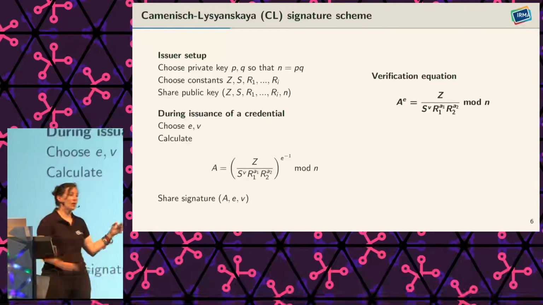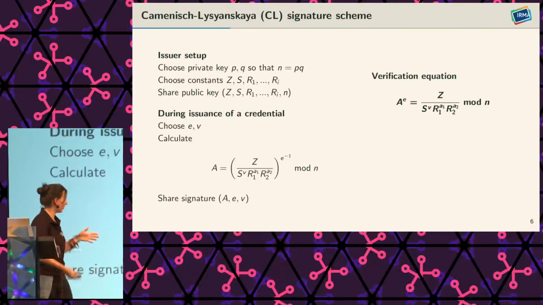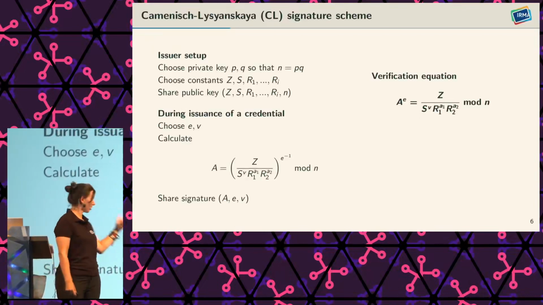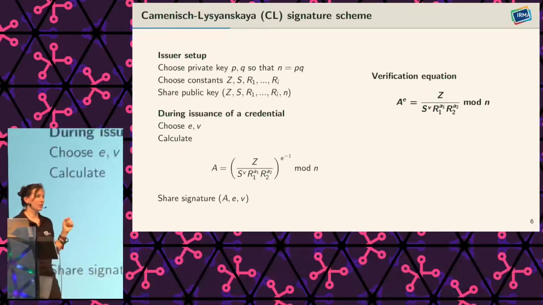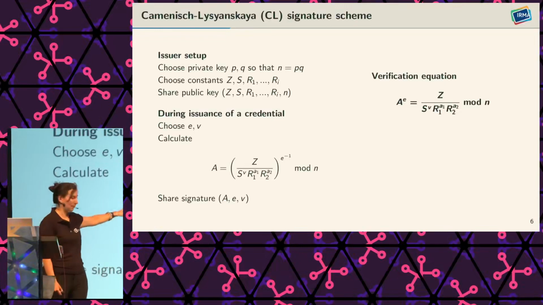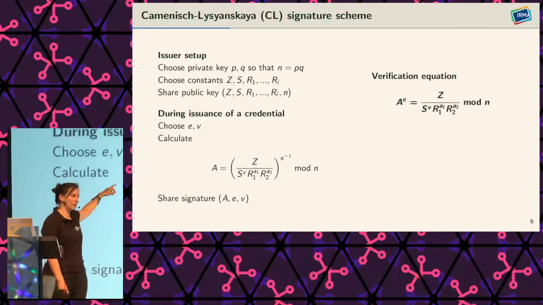Then later on, when you actually issue the diploma, so it's really each time a credential is issued, the two numbers E and V are chosen, and then the issuer calculates the number A by doing the same as you would do with RSA, but then replace the M again. It will result in a signature that is a triple, because each time the credential is issued, a different E and V are chosen. So that's different from RSA.